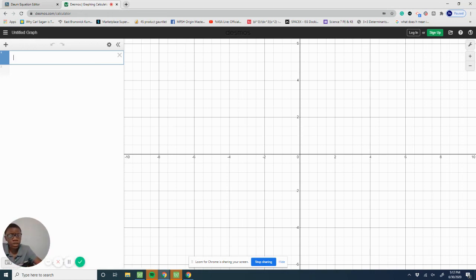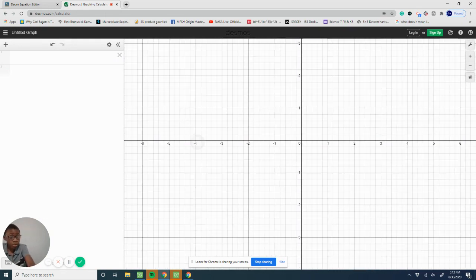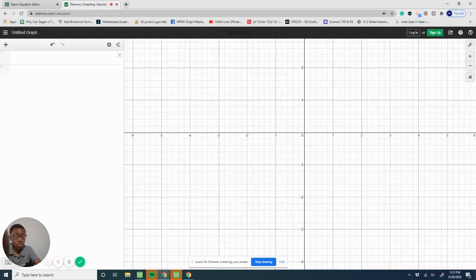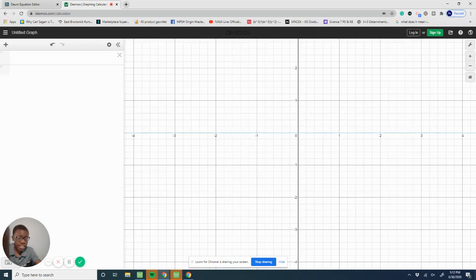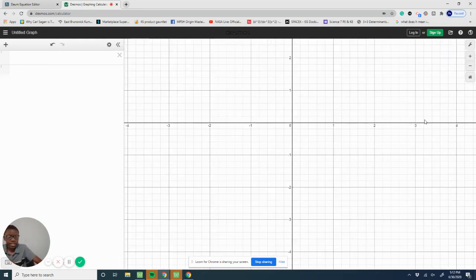Now I'll be using the Desmos graphing calculator to introduce to you linear equations. But before I get to that, you have to learn a bit more about the coordinate plane and how it relates to equations. So I'm going to start with proportional equations. They are quite simple.